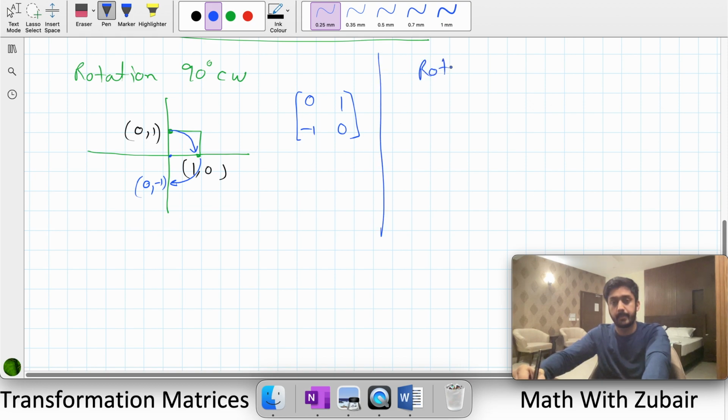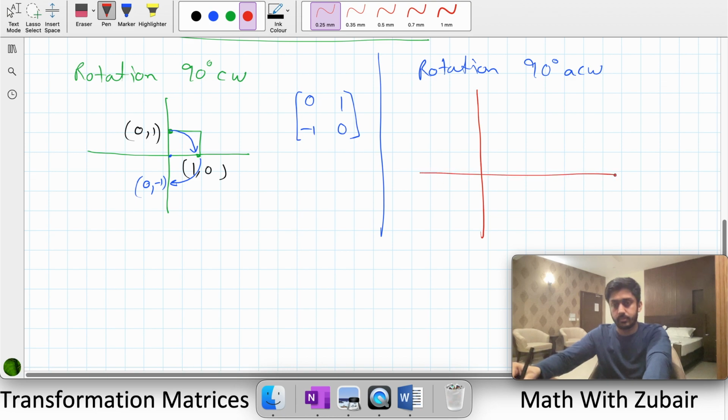Now rotation 90 degrees anti-clockwise. Every time same points, x1, y0, x0, y1. So when it is anti-clockwise, this point will become x minus 1 and y0.